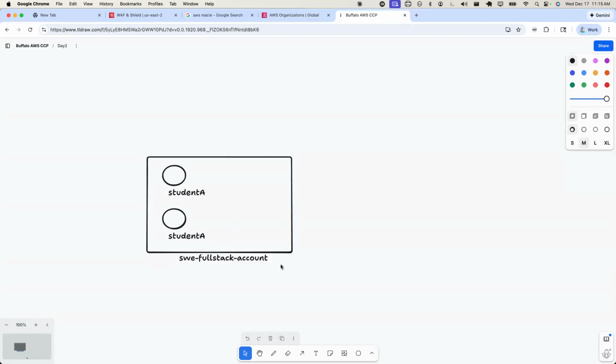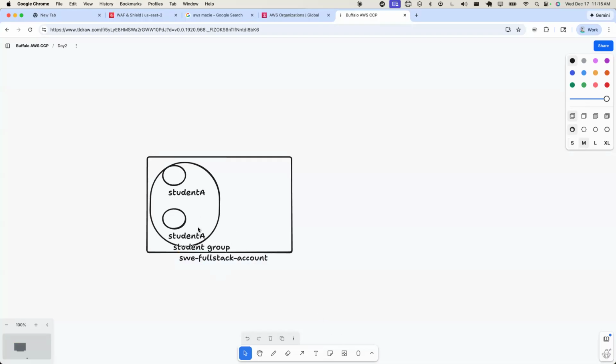So I might have some users here, and maybe they live within a group, and we'll call this the student group.